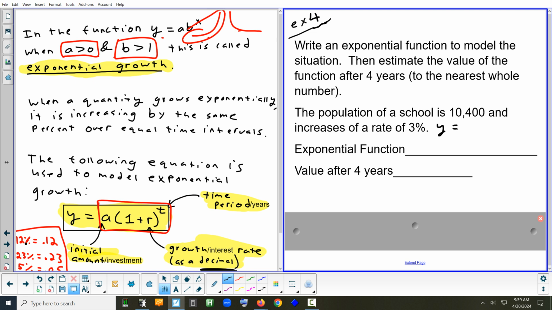Yep, and what is A again? That's the initial amount that you started with. So what's the initial amount that we started with here? 10,400. Yeah, that's not an amount of money, that's an amount of people. Okay, so 10,400. All right, what comes right after that?